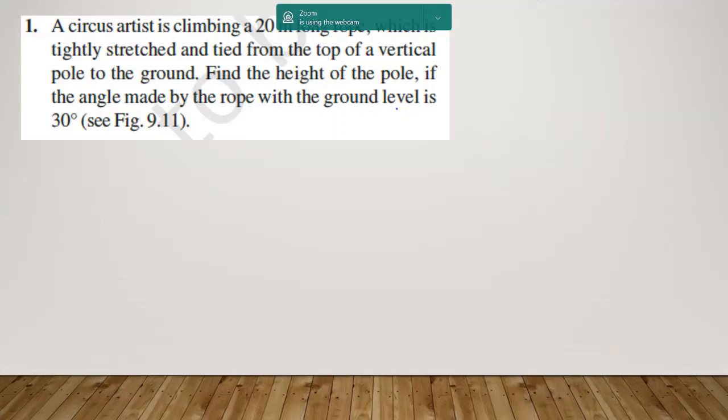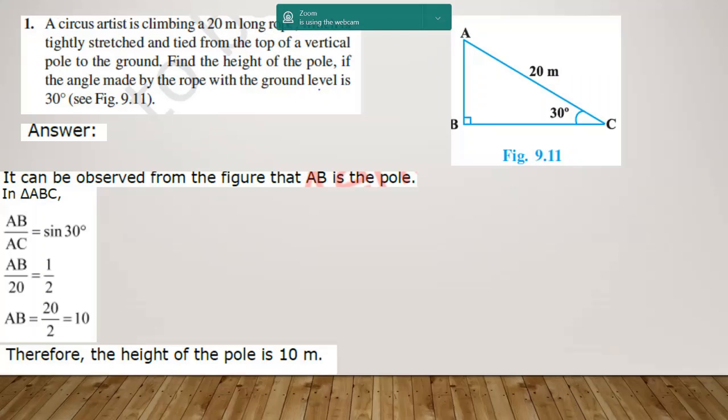Start. Just put the exercise number. Need not take down the question. Read the question from here. Are you all doing? Ma'am, the answer is 10. Yeah, AB is 10. Perfect.